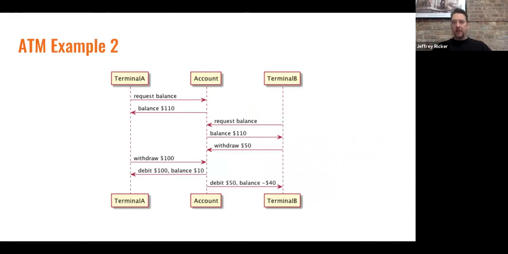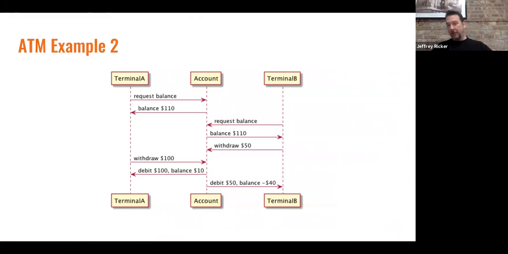But let's suppose that my wife is at another ATM at exactly the same time, right? So, in the split time between when the ATM I'm at requests what the balance is, and I'm sitting there scratching my head determining how much money I want to withdraw, whether 50 or 100, my wife goes to another ATM and she sees the balance is 110 and asks to withdraw 50.